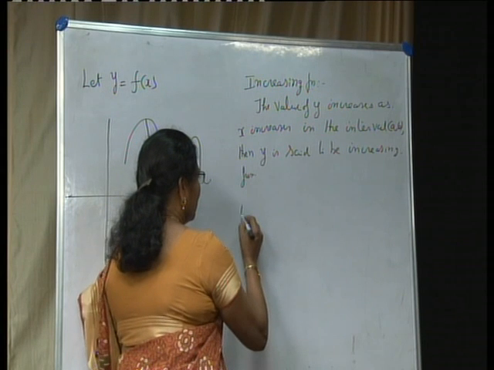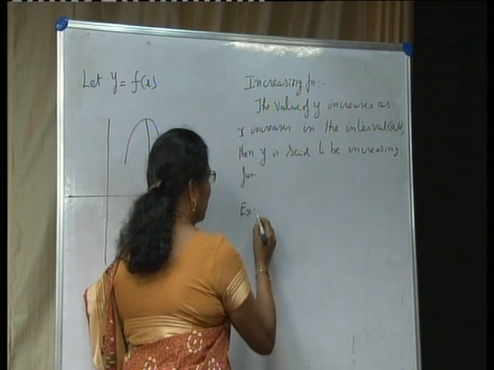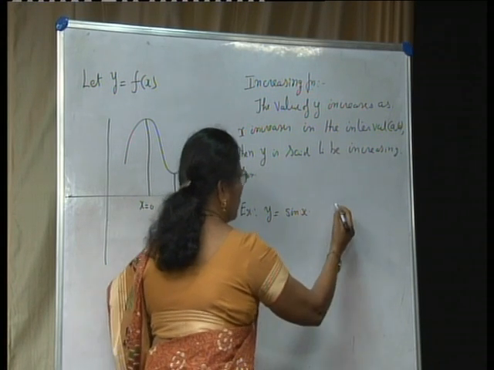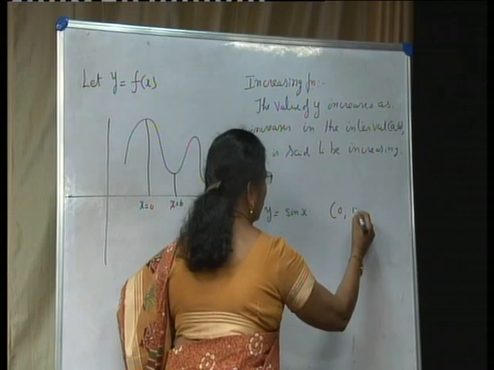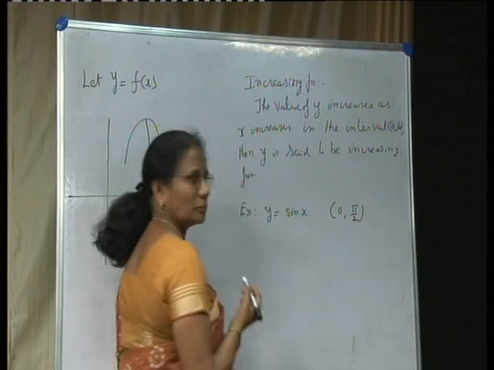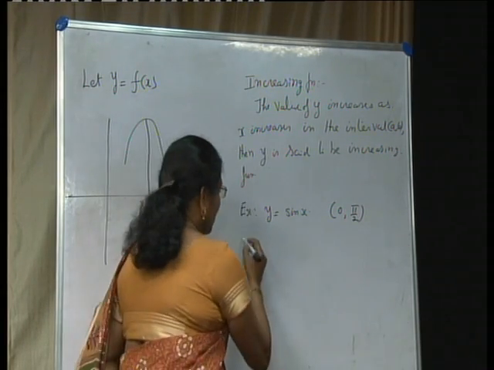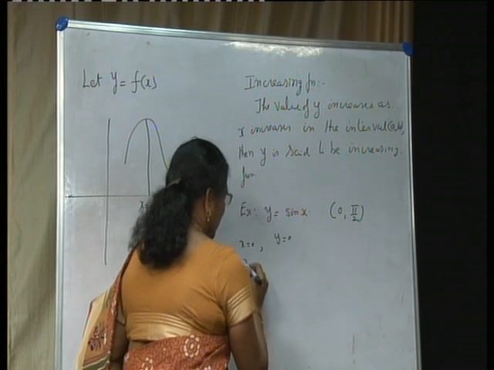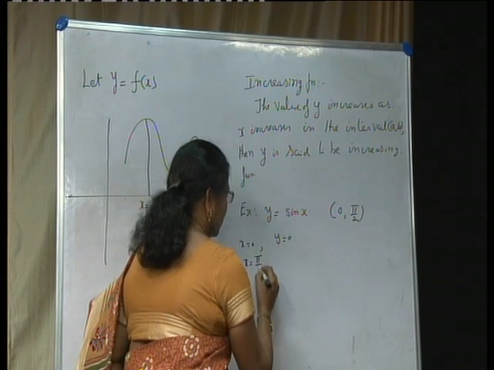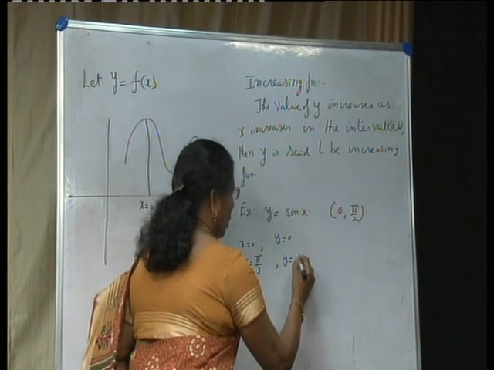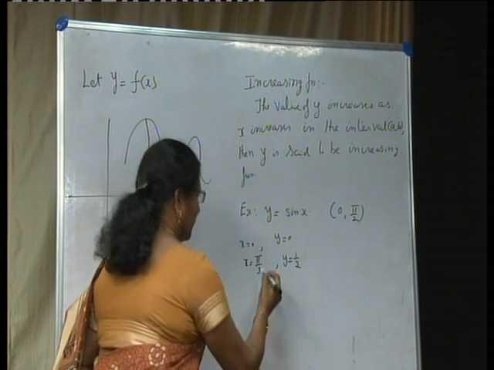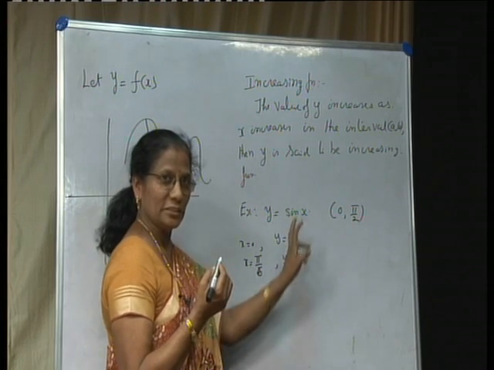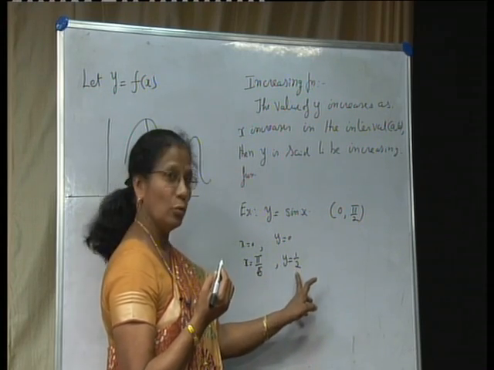For example, y is equal to sin x in the interval 0 to pi by 2. When x is equal to 0, y is equal to 0. When x is equal to pi by 6, that is 30 degrees, y is equal to sin 30 degrees, which is 1 by 2.